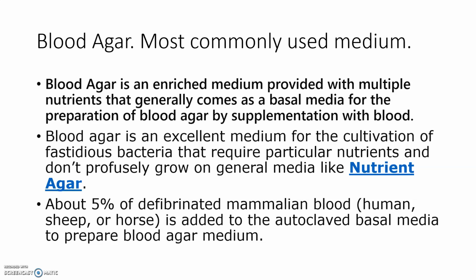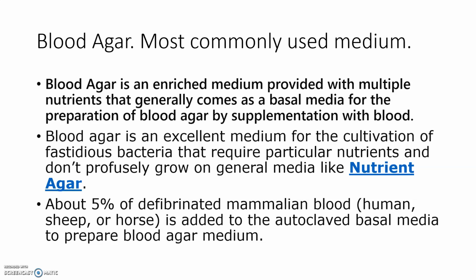In blood agar, we are adding 5% defibrinated mammalian blood. That means we have removed the fibrinogen content. Mammalian blood includes human, sheep or horse.